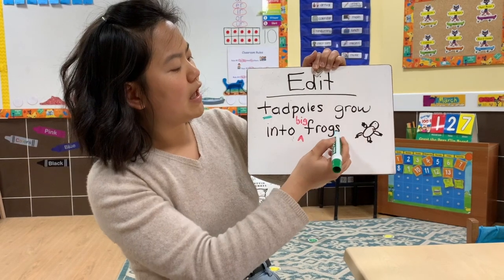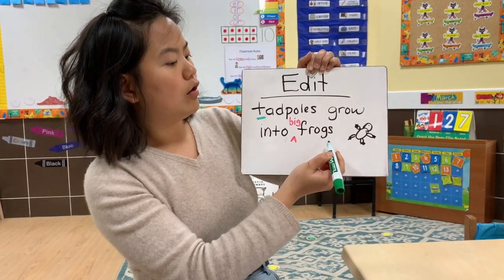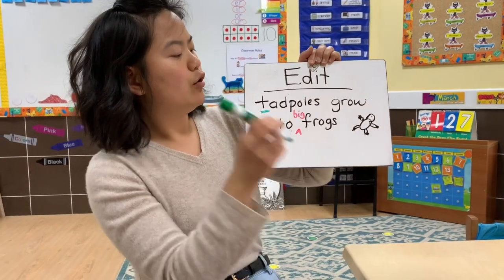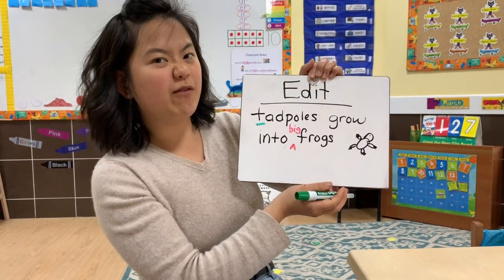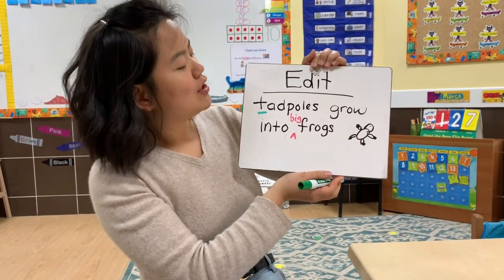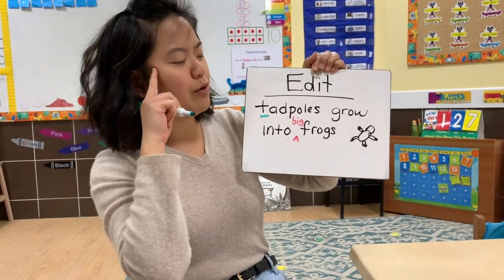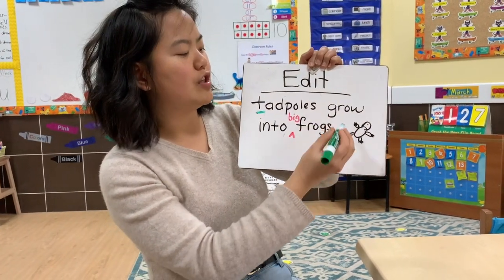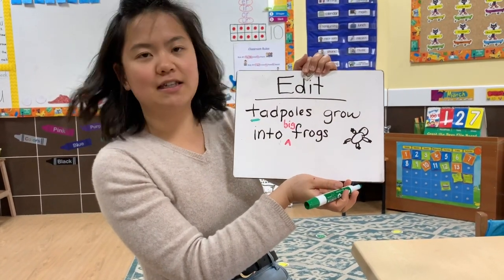And then I move down and I look again. This is the end of my sentence. What do I need to put at the end of my sentence? A punctuation. And then I think, am I asking a question? If I ask a question, I would have to put a question mark. But I'm not asking a question.